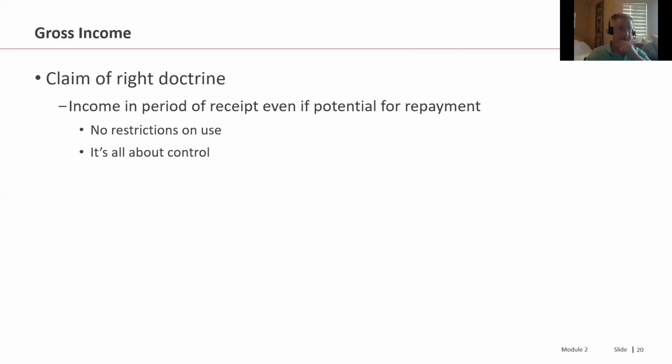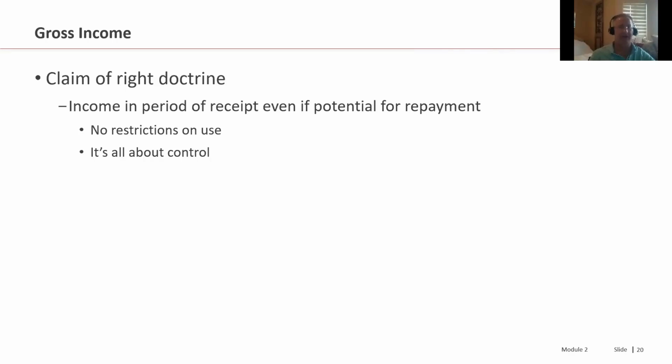Okay. So the claim of right doctrine is just this little tweak in the tax code, and it's kind of out there because the tax law is built, think of it, to maximize revenue, right? It's not about whether or not it makes good sense from an accounting or a matching principle perspective.